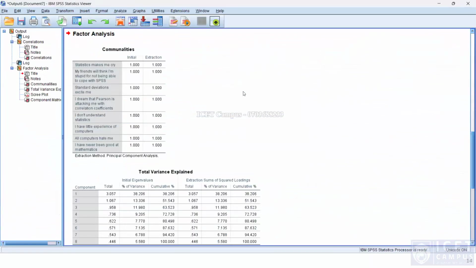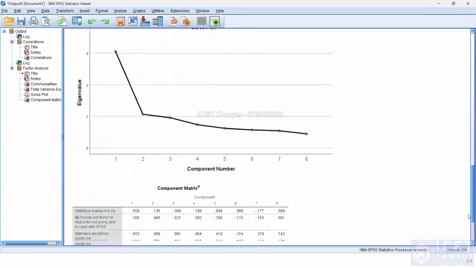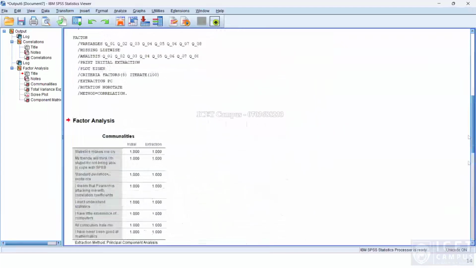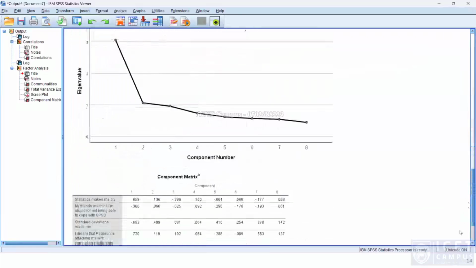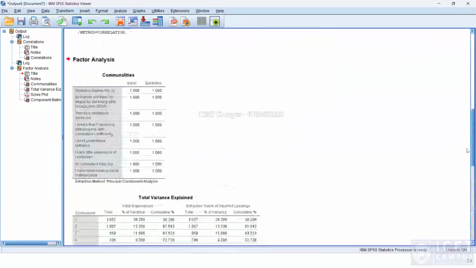So this is the output. Here communalities, total variance explained, these things, and the scree plot as well, then the component matrix. I entered this output into my presentation, so based on those values we can discuss what is represented here.